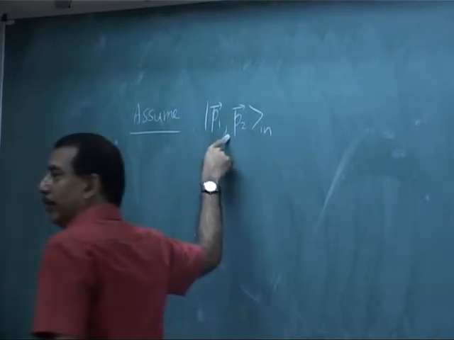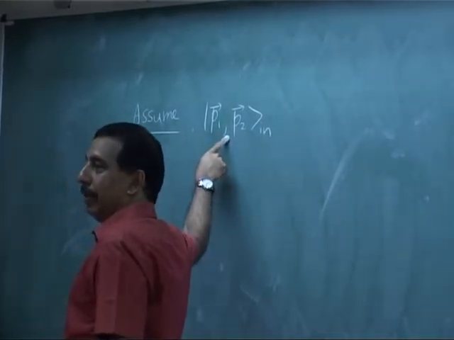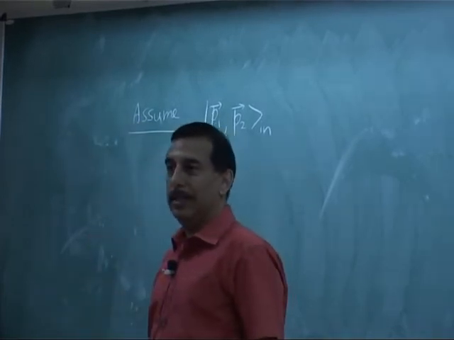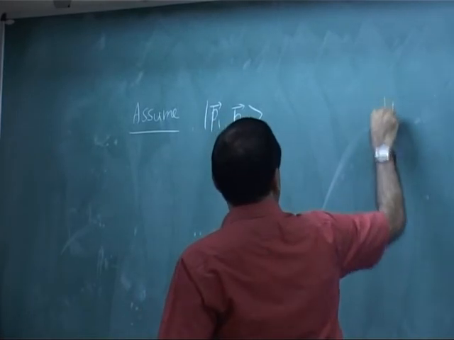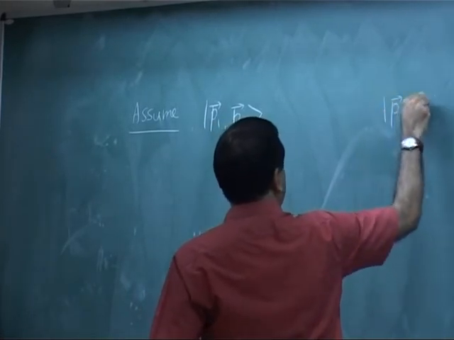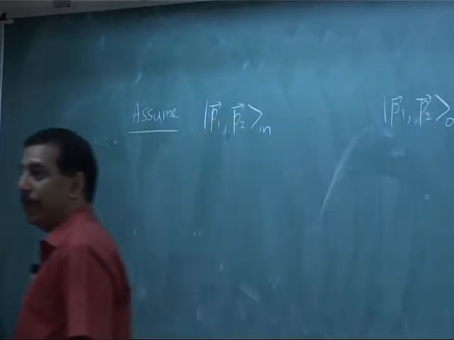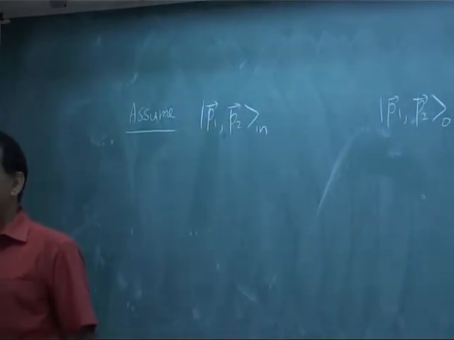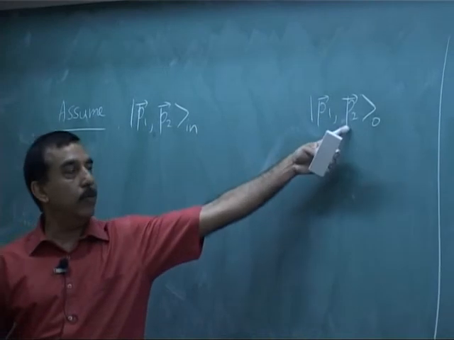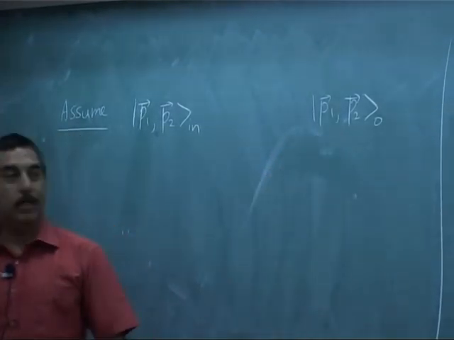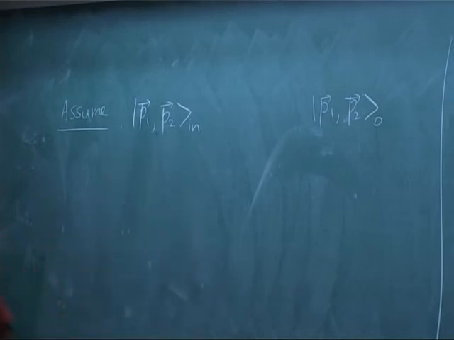This is not a state of the free theory, this is a state of the interacting theory. The corresponding state of the free theory we know very well. That state would be called P1, P2, 0, where 0 specifies the free theory. And what is that state? It's just A dagger of P1, A dagger of P2 acting on the vacuum. That we know. It's this one that we don't know and we have to make some intelligent guess for.